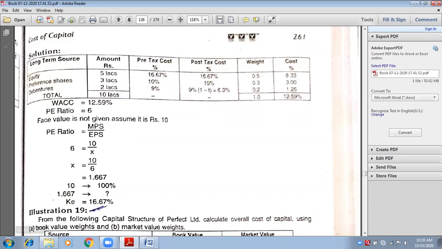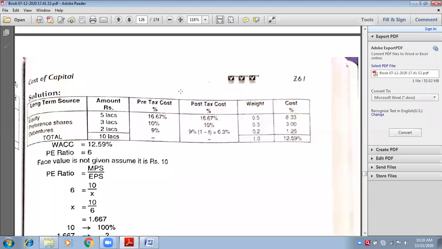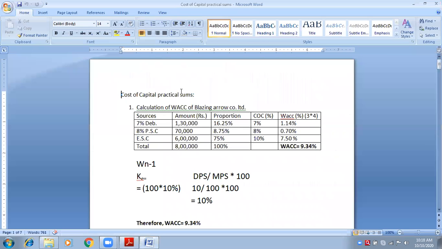Because market price per share is rupees 10, assume this 10 rupees as 100 percent. So this 1.667 will be 16.67. So KE can be calculated with the help of this formula. With the help of price earning ratio, we can calculate the cost of equity capital. That's it. This is the only new point in the question, nothing else. So let us start.